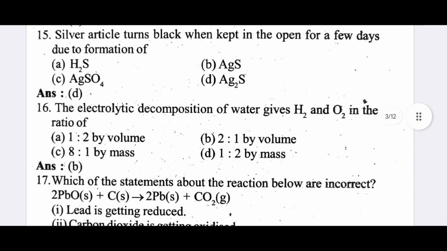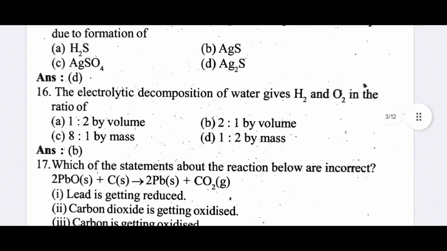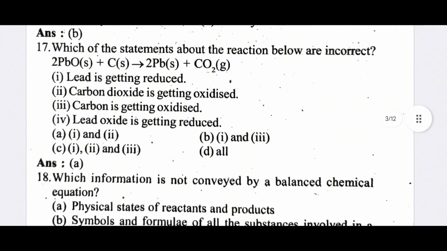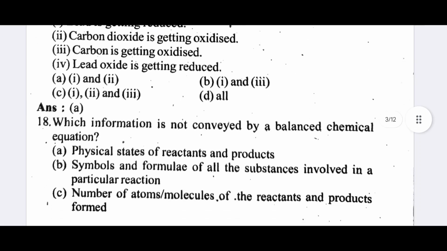Which of the statements about the reaction below are incorrect? Answer is A. 1: lead is getting reduced, and 2: carbon dioxide is getting oxidized. Which information is not conveyed by a balanced chemical equation?